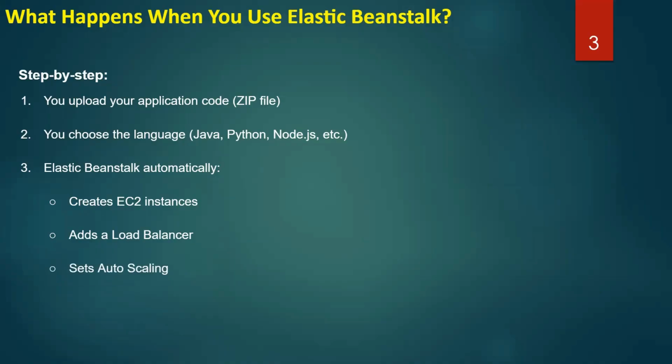If there's a lot of users who want to access your application, Elastic Beanstalk can automatically auto scale your application. Basically, it can increase as many EC2 instances as it wants when there's a lot of traffic, and if there's less traffic, then Elastic Beanstalk can automatically scale down the EC2 instances for you.